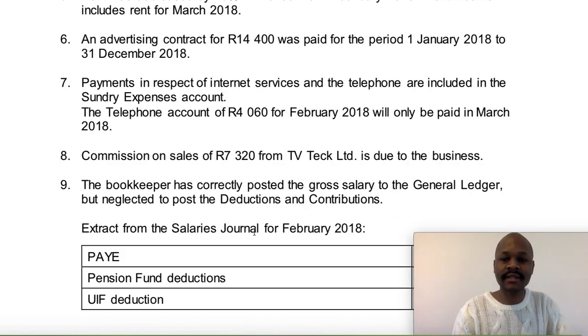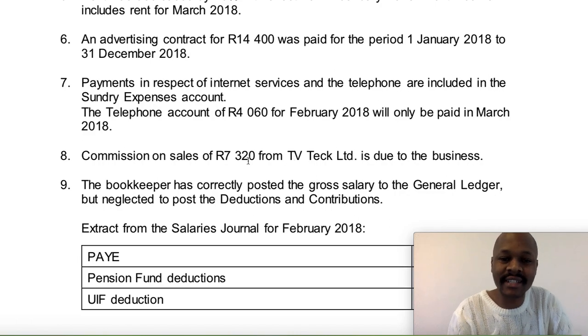The next adjustment says commission on sales of 7,320 from TV Tech Limited is due to the business. So TV Tech Limited created what we call accrued income for us. This is the income you are supposed to receive, but you did not. So you still have to record it to apply the matching principle.